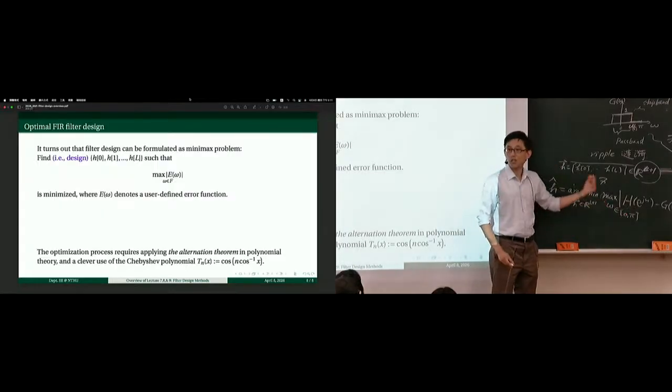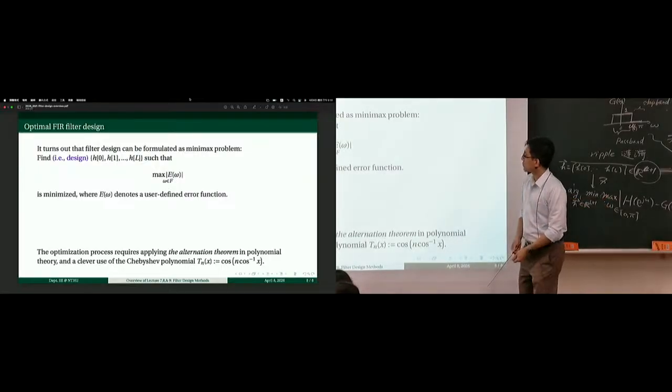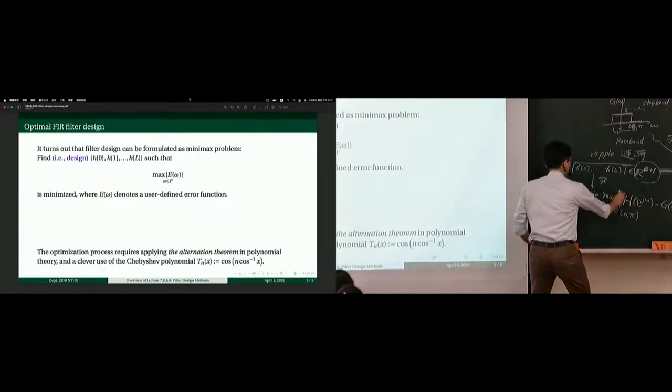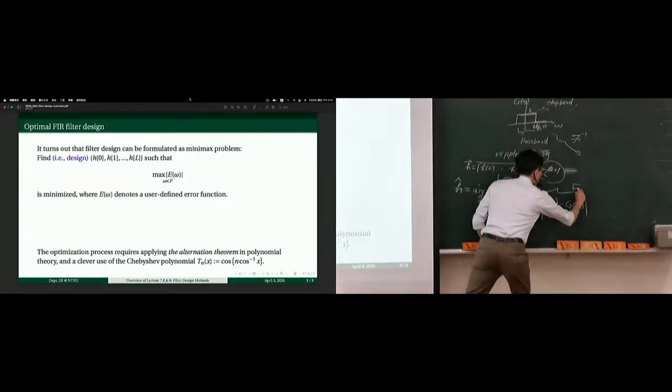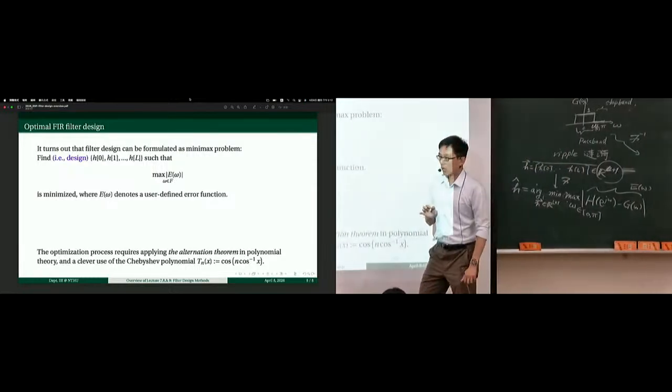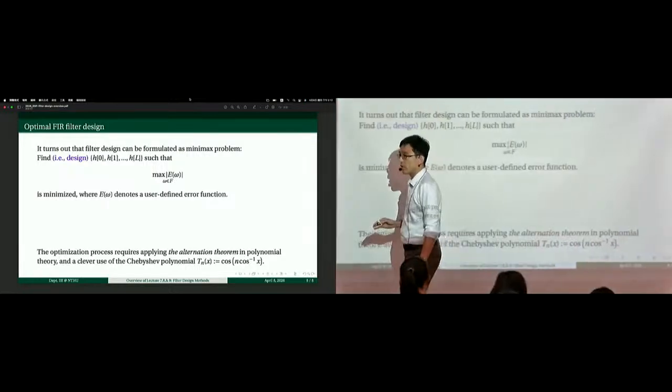That's the formulation. This problem is formulated as a min-max problem, okay? Finding an argument that minimizes the maximum approximation error. And this is the error I was talking about, for example.